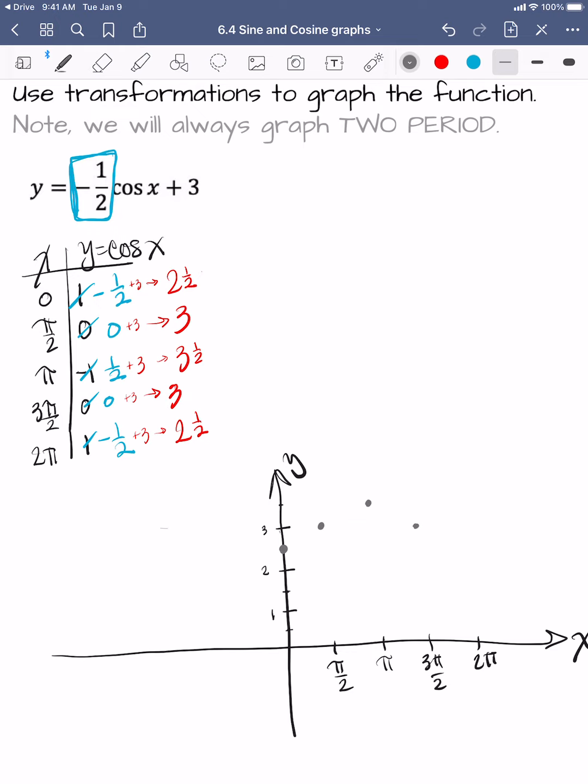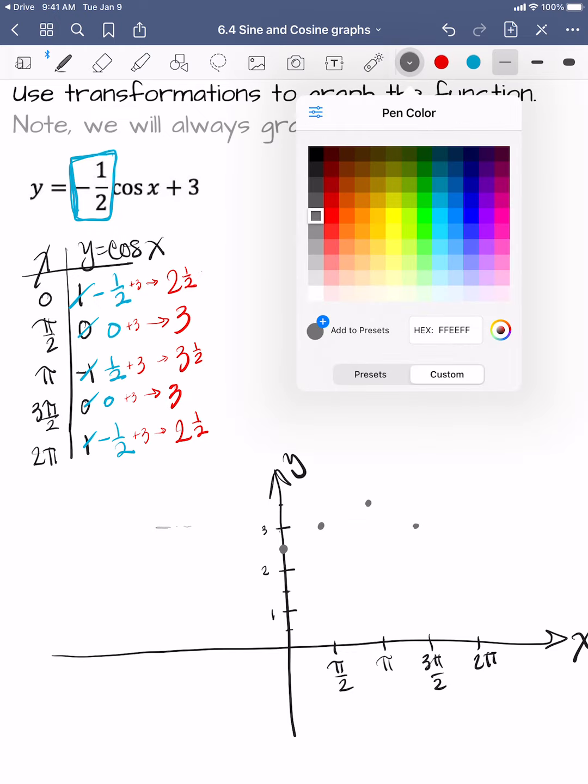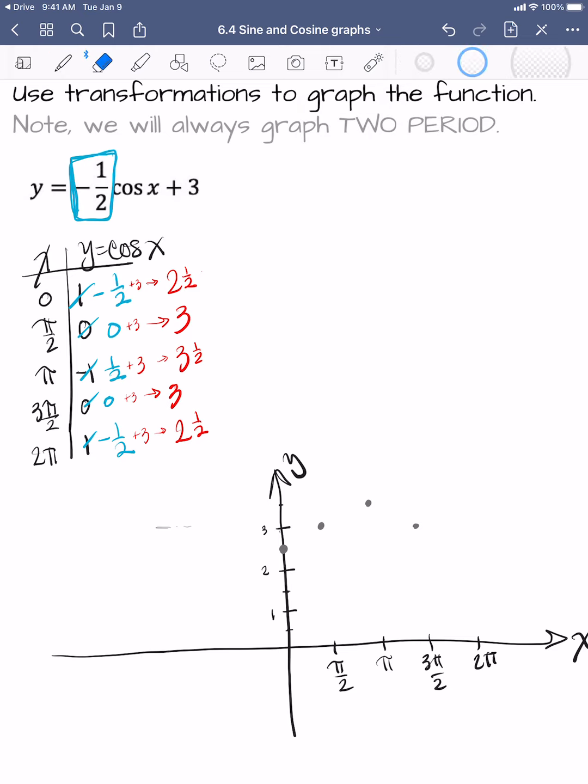And this is actually where you could say your midline went, your horizontal axis is now sitting right here. You don't have to draw that in, but I want you to realize it because we're going to talk more about the amplitude tomorrow.